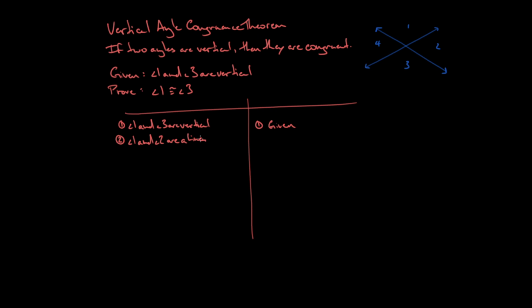I was just talking about how normally I'll pull the fact that two angles are vertical from the diagram. And so when I go to give a reason here, how do I know that angle 1 and angle 2 are a linear pair? Well, the answer is I'm pulling it from the diagram. There are only a couple of things that I can do this for, but a linear pair is one of them. I'm going to say assumed from diagram.